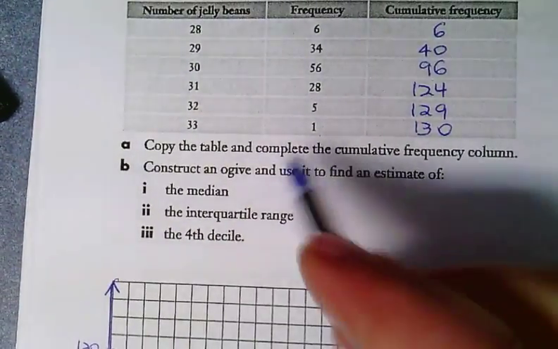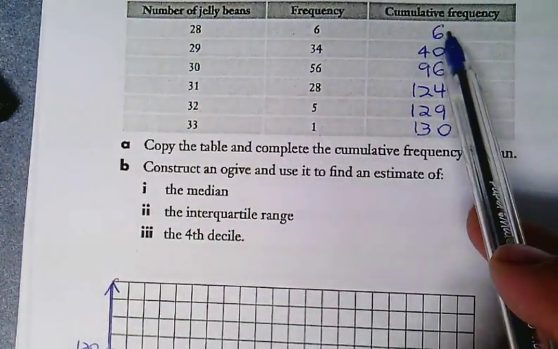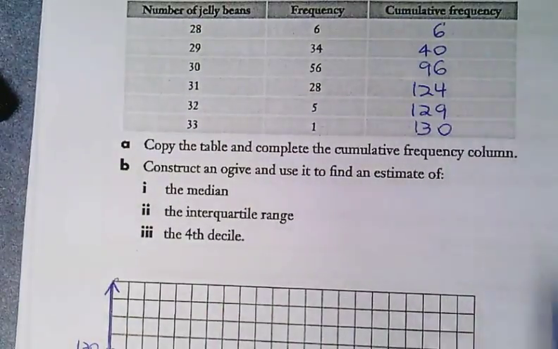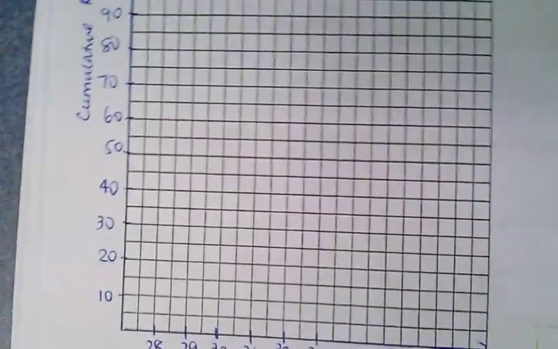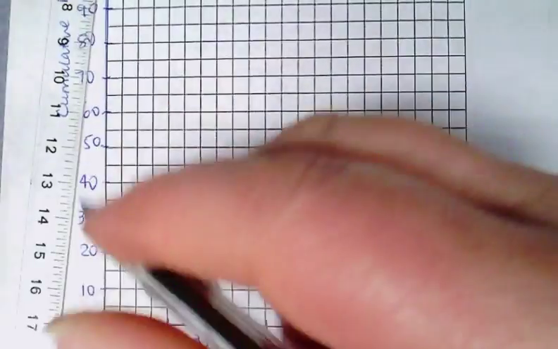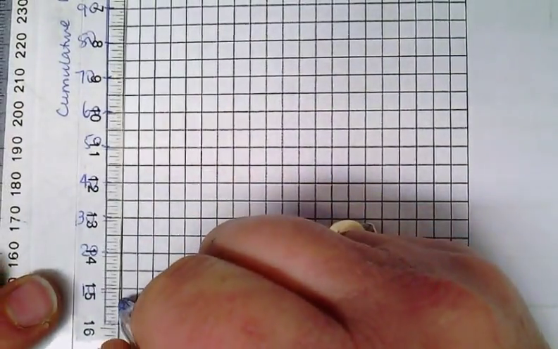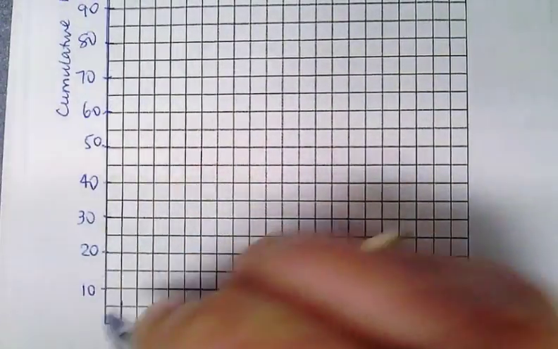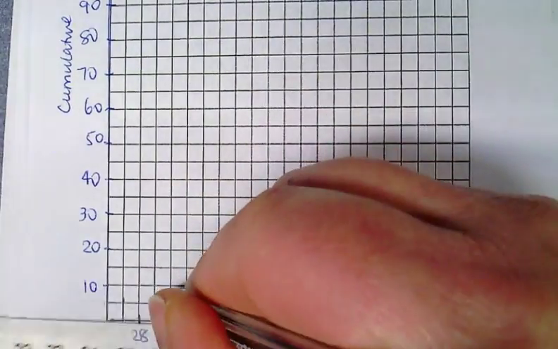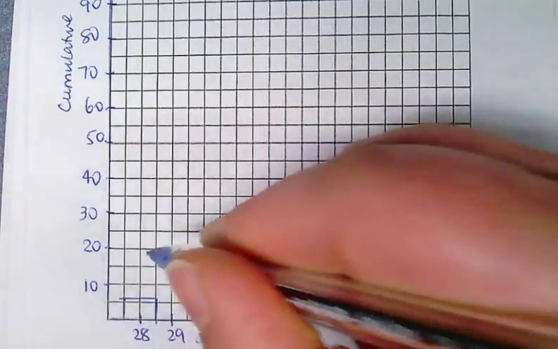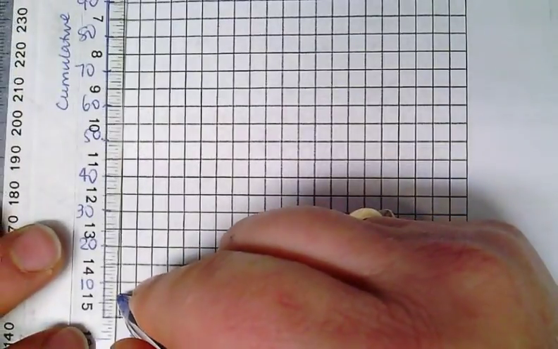So for 28 jelly beans, the cumulative frequency is 6, and then for 29 jelly beans, it's 40. So for 28 jelly beans, cumulative frequency is 6. Now this is 5, so just a bit higher than 5 is 6. So that's my first column.